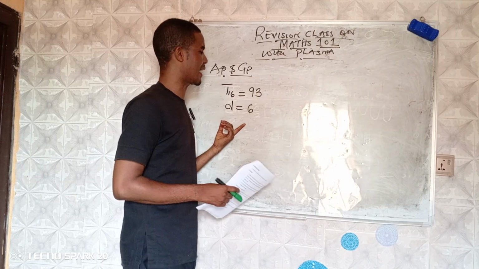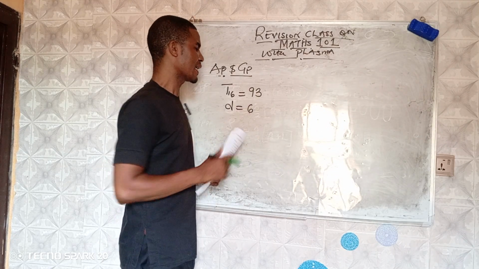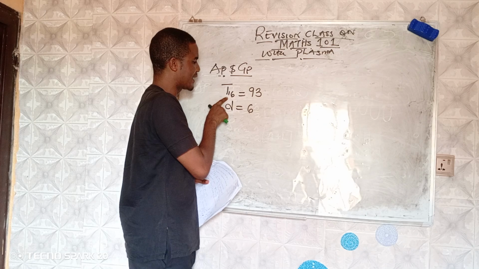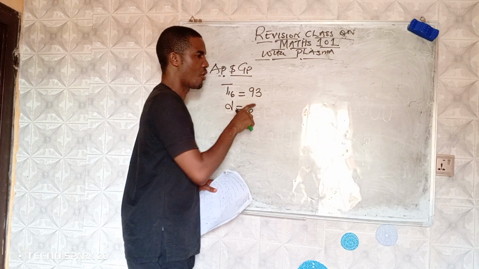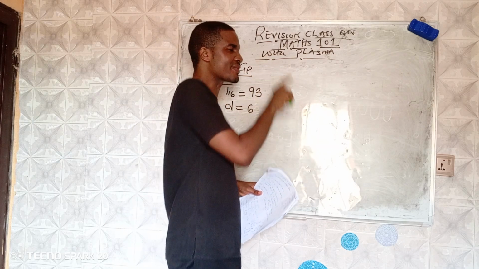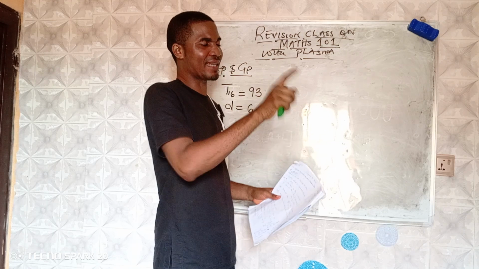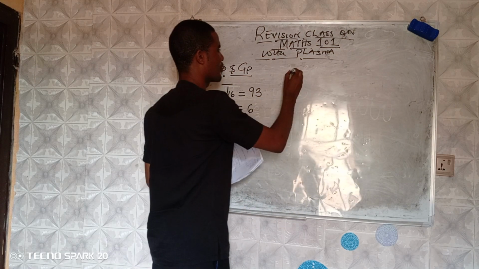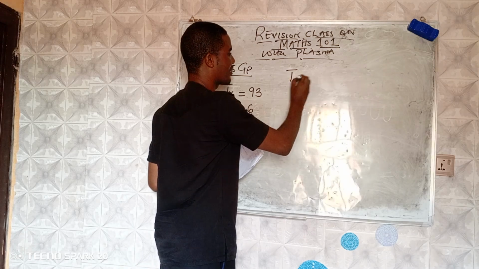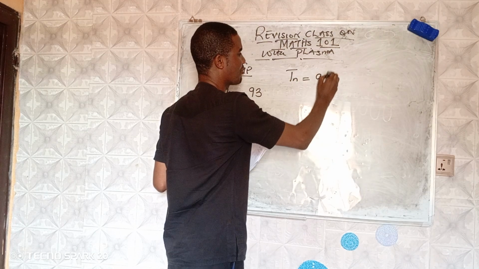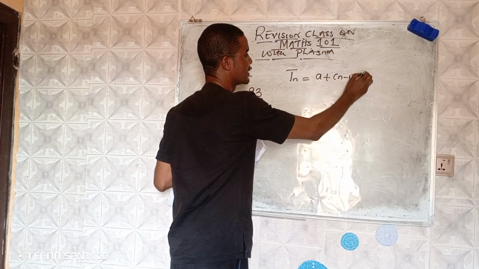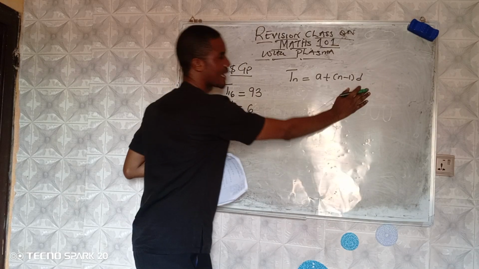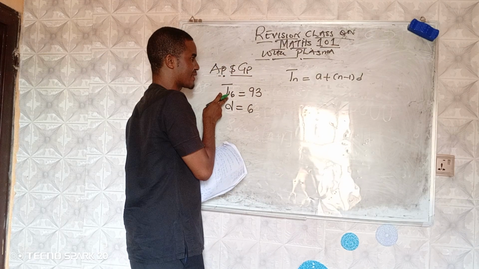Now, how do I attempt this question? If they say that a certain term of an AP is given as a certain number, what you are going to do is express that using the nth term. You first of all write out that the nth term of an AP is a plus (n minus 1)d. So the question says the 16th term now.